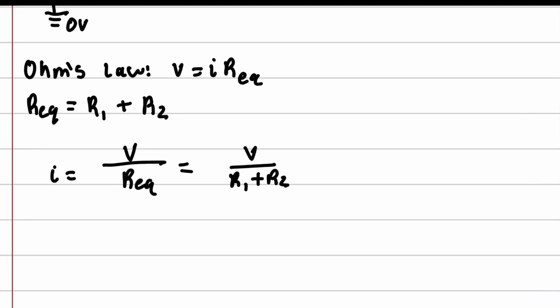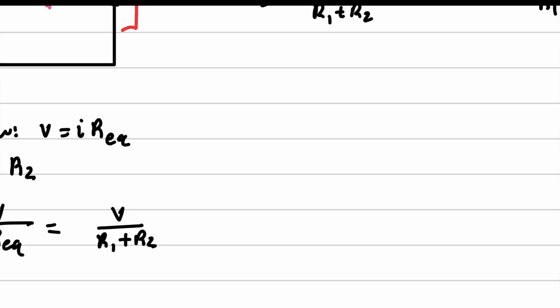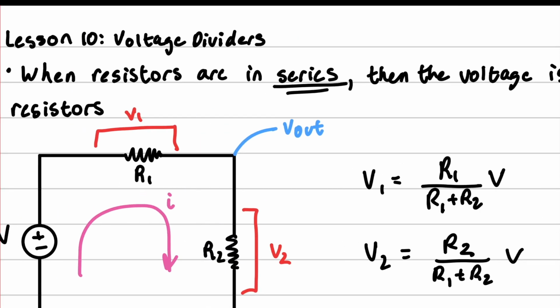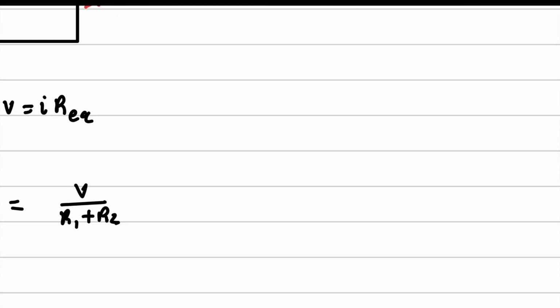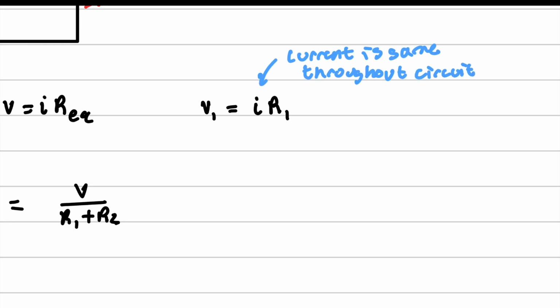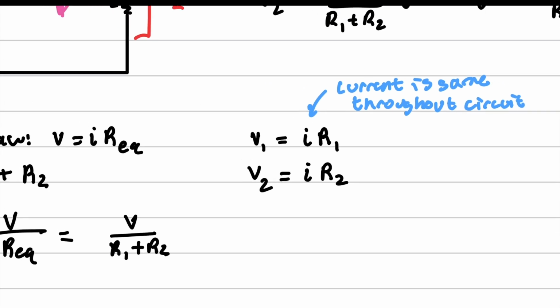Now we need to solve for the individual voltages. Remember that these individual voltages are dependent on their respective resistor, and we know that in series the current is the same. And so V1 is equal to I R1 and V2 is equal to I R2, like so.